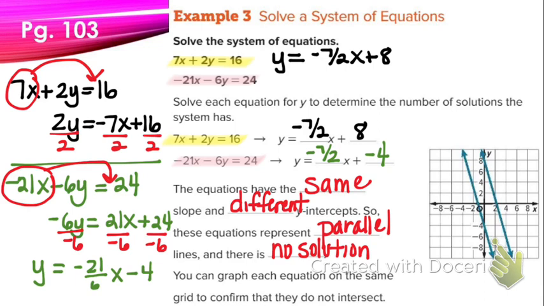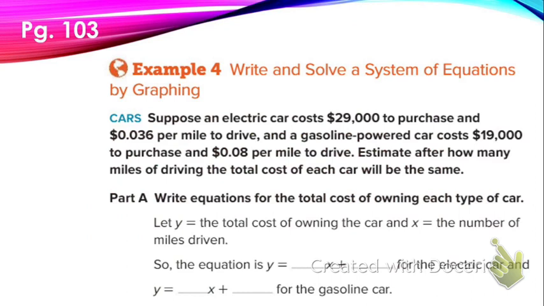All right, let's look at example 4. So now we're talking about electric cars and gas cars. So it says the cost of an electric car is $29,000 to purchase, and it costs 0.036 per mile to drive, okay?